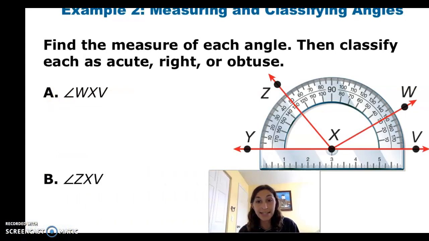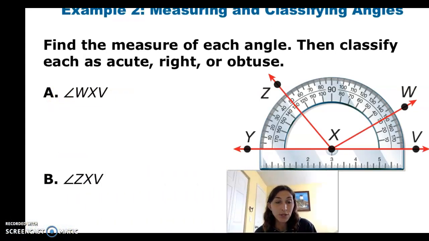All right, let's look at this. So in this question, it wants us to find the measure of each angle, then classify each angle as acute, right, or obtuse. So when looking at this angle, I first want to look at angle WXV. I want to look at the measure of that angle. I can see here that it starts at 150 and goes to 180.